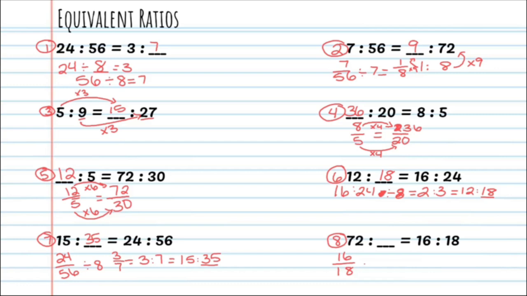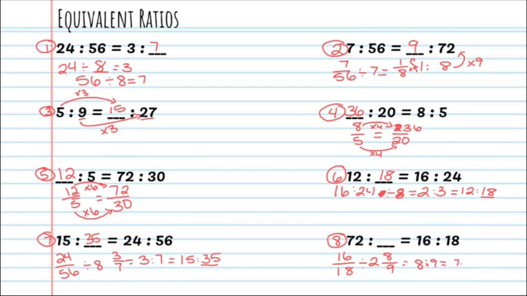So for 16 to 18, we want to simplify it down. We know that both of these numbers are divisible by 2. 16 divided by 2 would give us 8, and 18 divided by 2 gives us 9, which would make our ratio an 8:9 ratio.